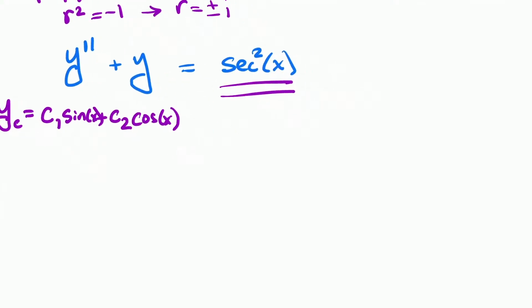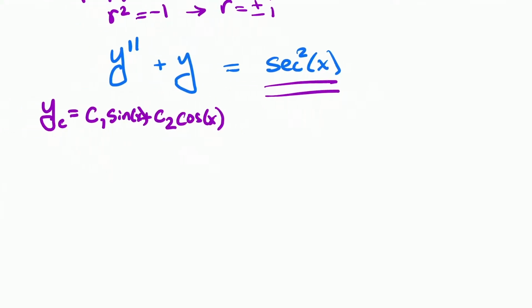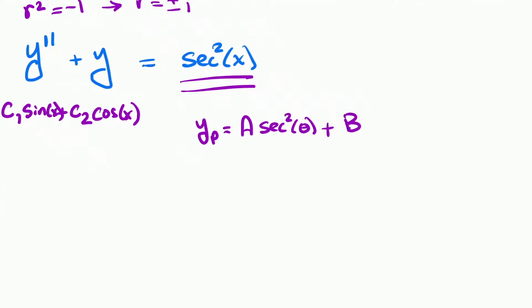Well, let's see if we can work it out. If we were going to go with what we've learned so far, this so-called method of undetermined coefficients, you would say, okay, I need to come up with a particular solution. And that particular solution should have secant squared in it, but it should also have the derivative of secant squared.